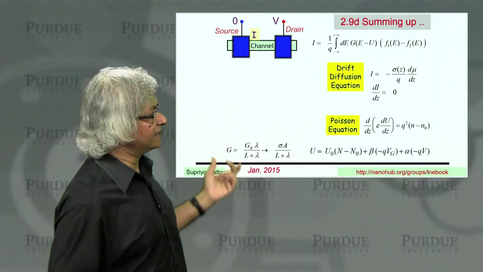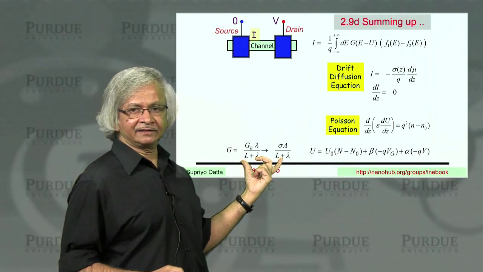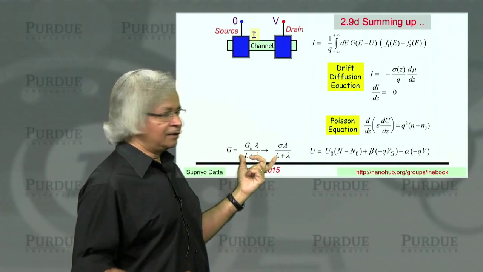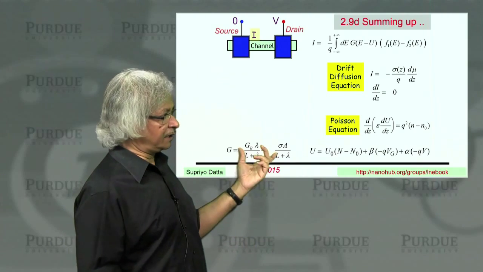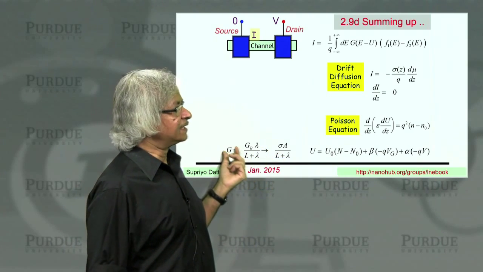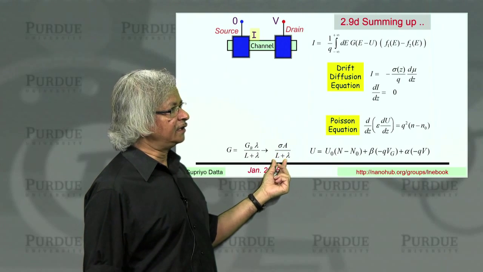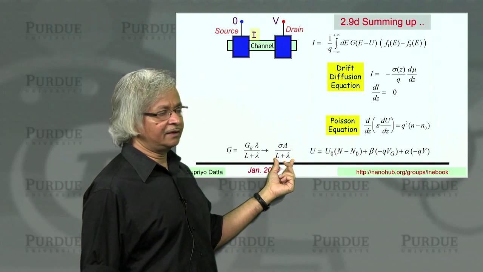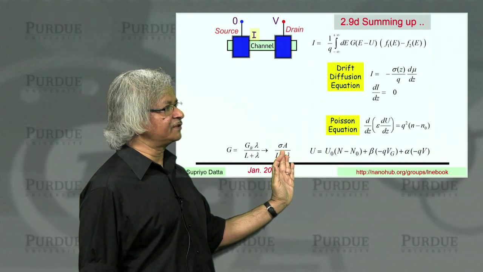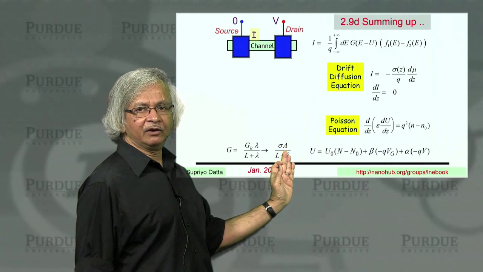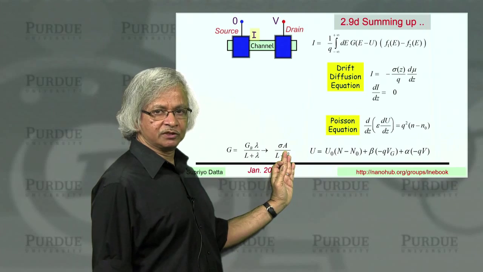The expression we got in the last few lectures, and the last unit, is that the conductance is given by conductivity times area divided by L plus lambda, whereas what you'd learn in freshman physics is usually sigma A over L. That's the usual Ohm's law.